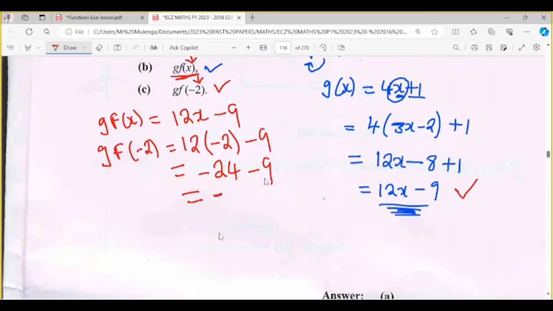Then 24 plus 9, this will give us 33. So negative 24 minus 9 gives us negative 33. So these were the answers to this question.